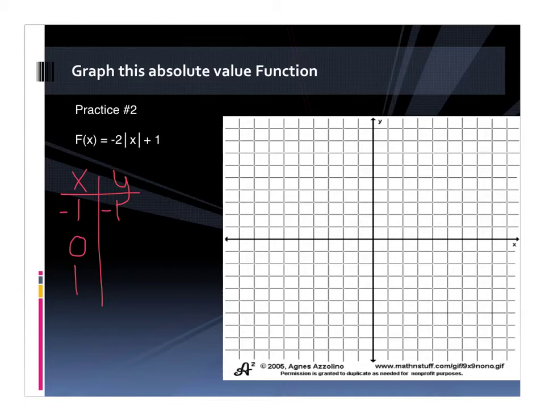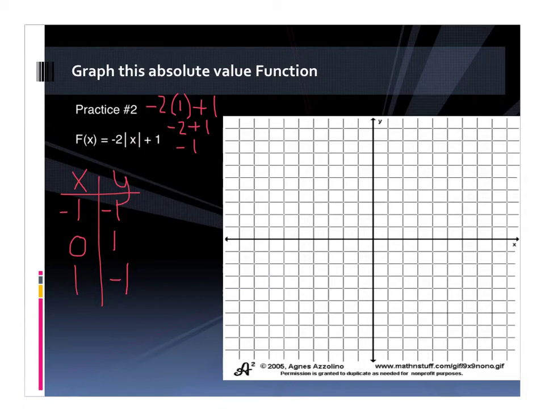So again, I have negative 2 times positive 1 after I take the absolute value plus 1, so I get negative 2 plus 1, which is negative 1. Now for 0, I'm going to have 0 times negative 2 is 0, which gives me positive 1. And then when I plug in the 1, I have 1 times negative 2 plus 1, which was once again negative 1. So we're just plugging these numbers in for our x, which is right here.